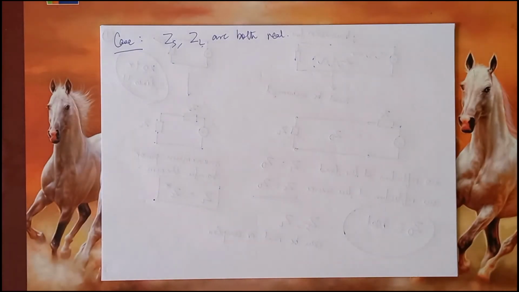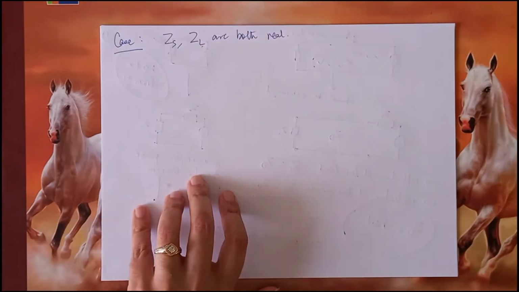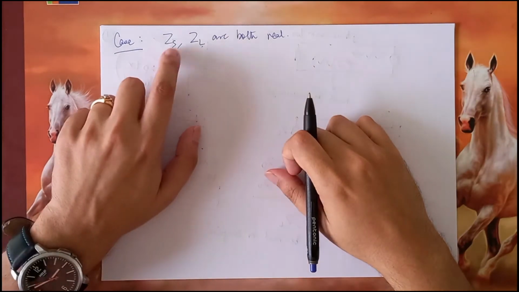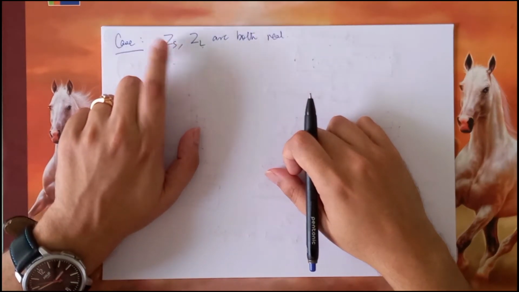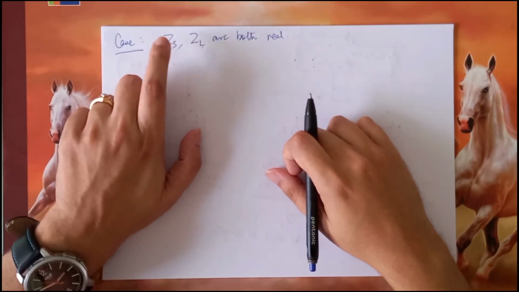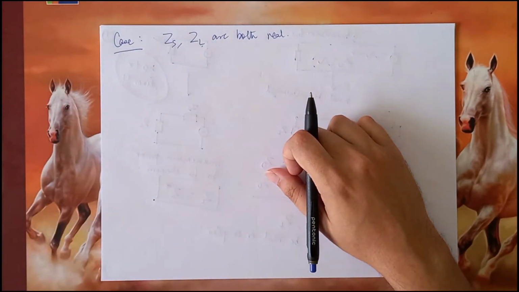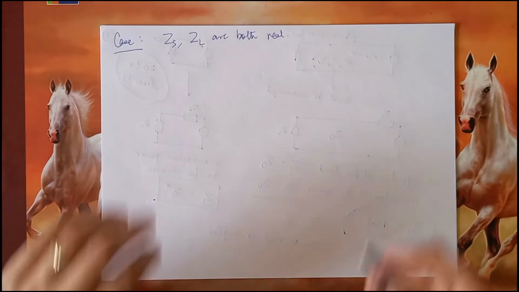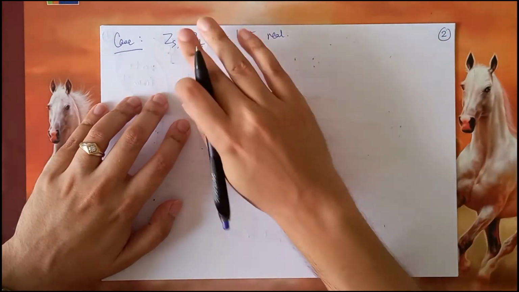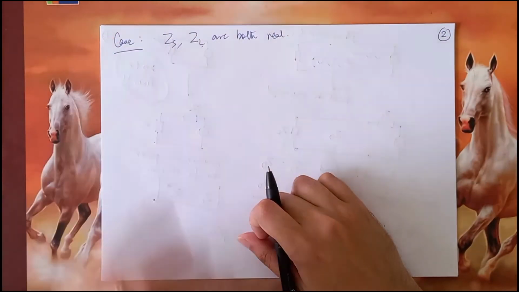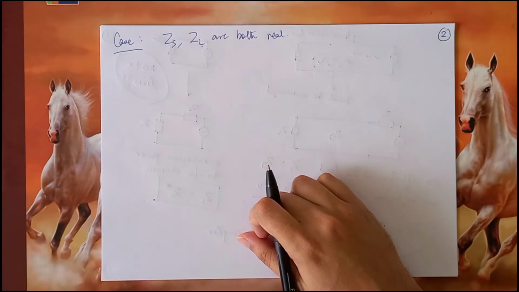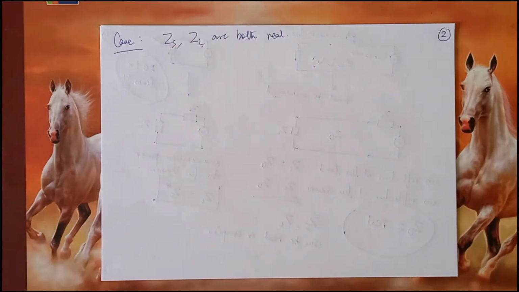Now, since we are talking of two impedances, what we saw was that the condition for no reflection at the load end and the condition for no reflection at the source end are very, very similar. So therefore, let us simplify the problem and consider only what the load end is giving us.